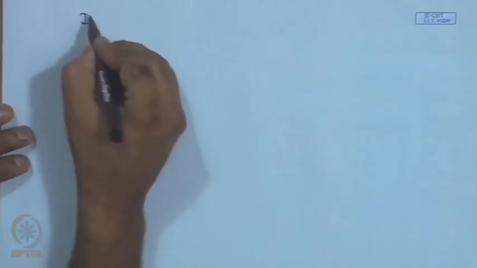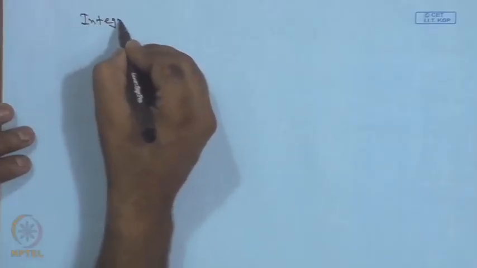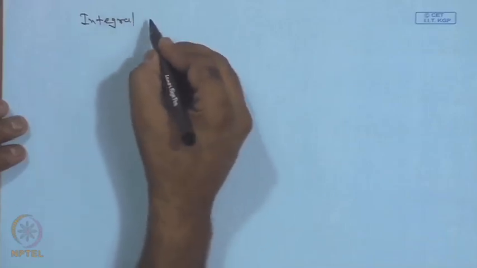Okay, so that was the differential equation with variable coefficients, and now we come to the integral equation. For the integral equation, here also we can apply the Laplace transform to get the solution.